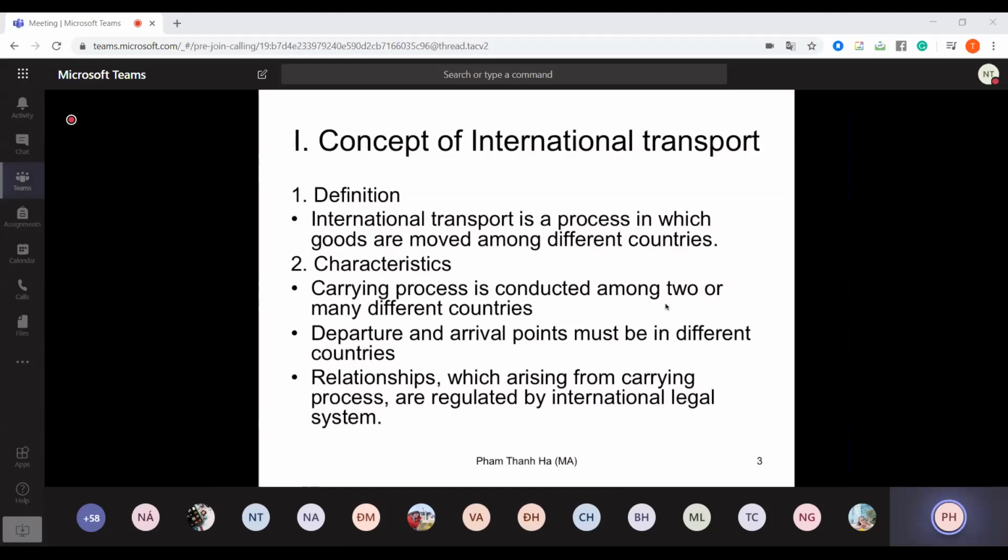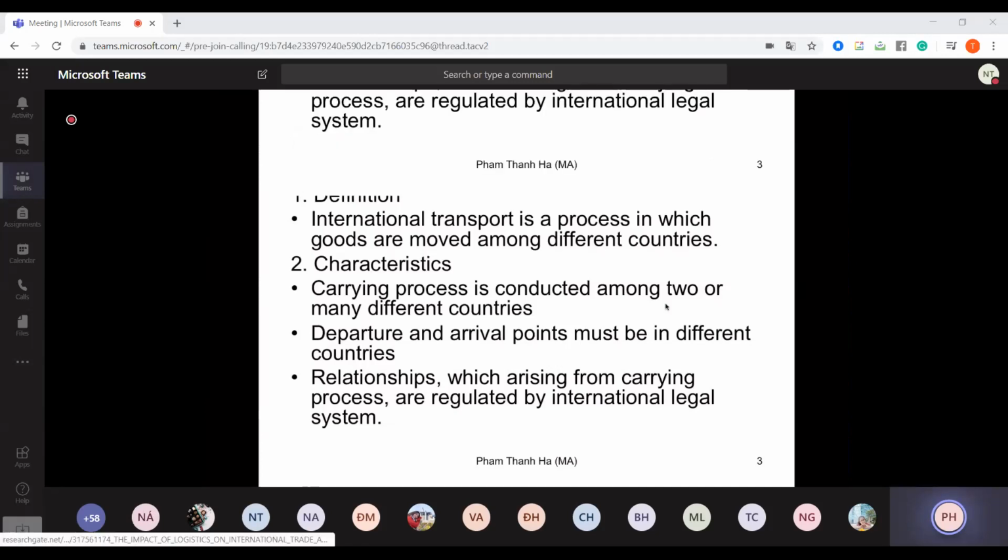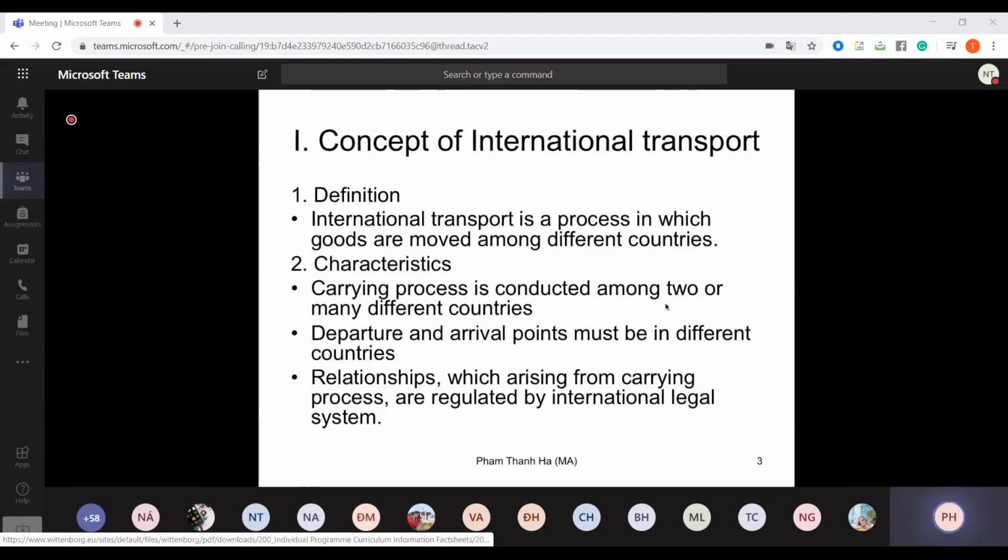Now, if you think about how to hire a transportation mode to carry the goods from the seller's premises to the buyer's premises, what kind of relationships can arise during the transportation process? Any ideas?